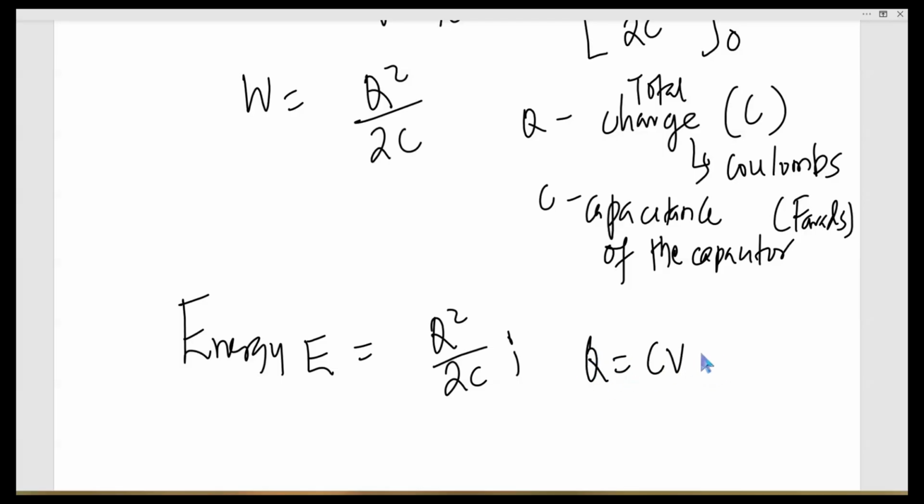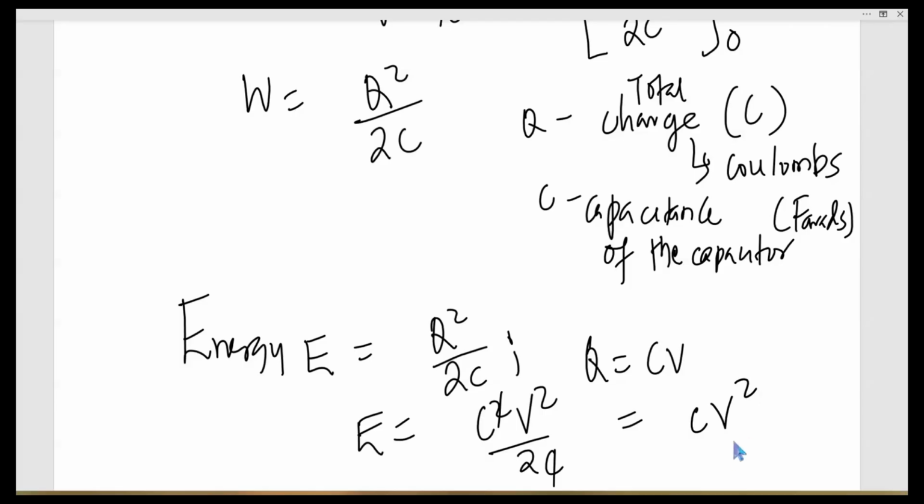So what does that mean? Our energy becomes C squared V squared divided by 2C. This gives you CV squared out of 2.